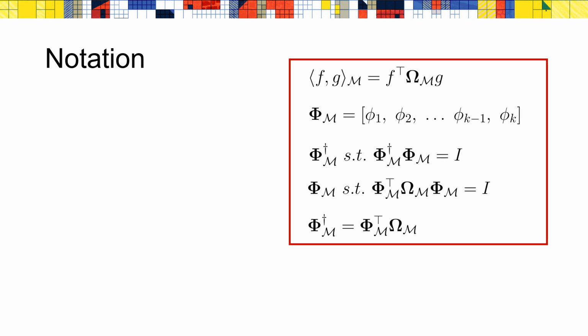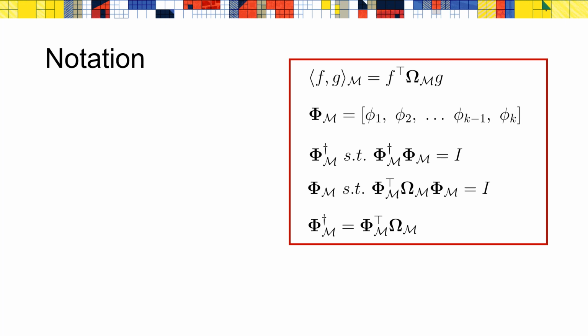In the discrete setting, we need to add some additional notation. The inner product, which depends on the geometry of the shape, can be computed using the mass matrix in the middle of the inner product between the two vectors that represent the signals. Then we can store the truncated set of eigenfunctions of the Laplace-Beltrami operator in a matrix Phi, in which each column corresponds to a different eigenfunction, usually stored in order with respect to their eigenvalues.